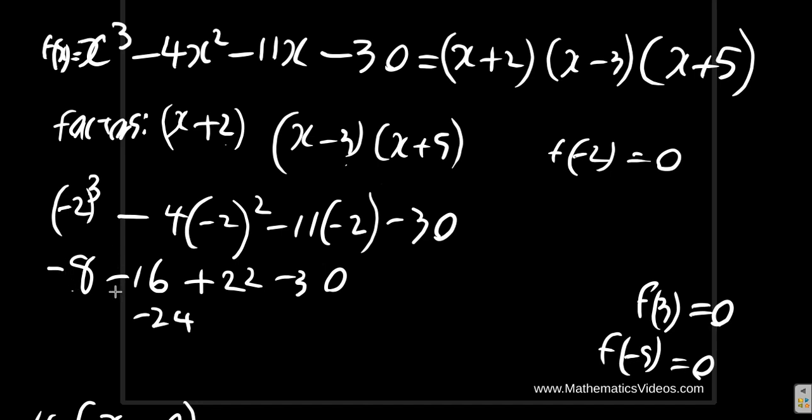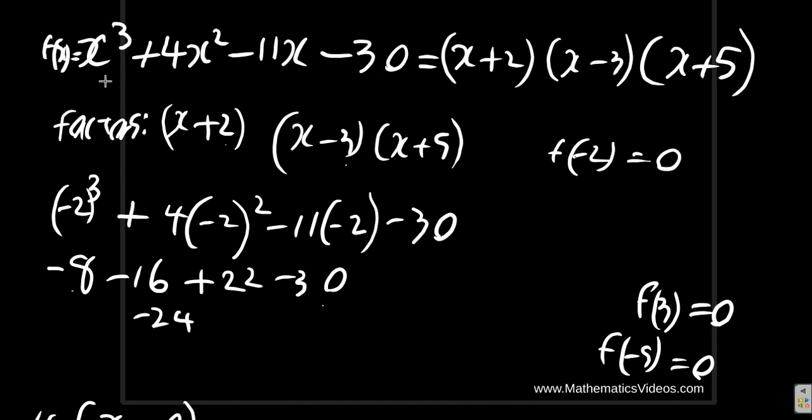Negative 24. This wouldn't give you 0. I realized something. If you multiply out x plus 2, x minus 3, x plus 5, you'll get x cubed plus 4x squared minus 11x minus 30. Okay, my mistake in putting the minus, it's plus.